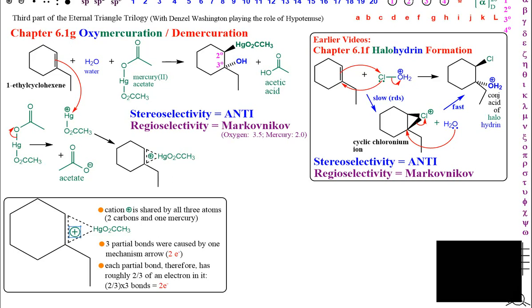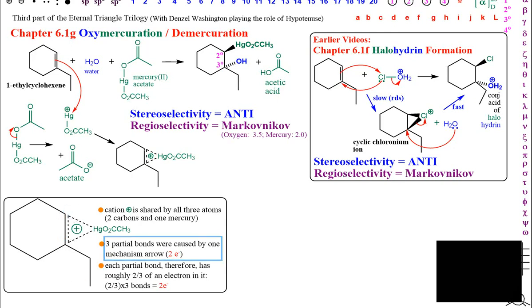But I will not be grading such things. I will only look to see that you put it in the middle, somewhere in that triangle. The reason why the tertiary carbon would spend more time with a positive charge, we've been talking about quite a bit, is that a tertiary carbon has more hyperconjugation than a secondary carbon.